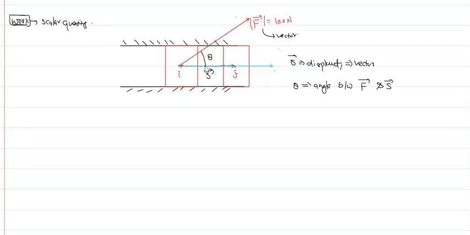So what is the component of this vector along this direction? F cos theta. And in the perpendicular direction, F sin theta.